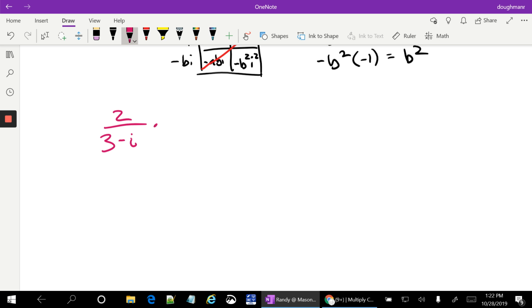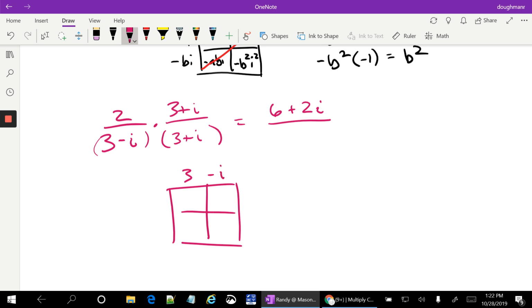So the way I get rid of that is I multiply by its complex conjugate, 3 plus i. I can't just multiply the denominator, I've got to multiply the numerator by the same thing. So the numerator is 2 times 3, which is 6, and 2 times i, which is 6 plus 2i.